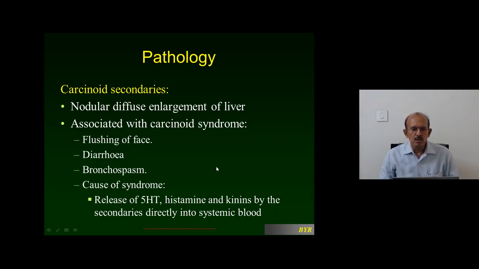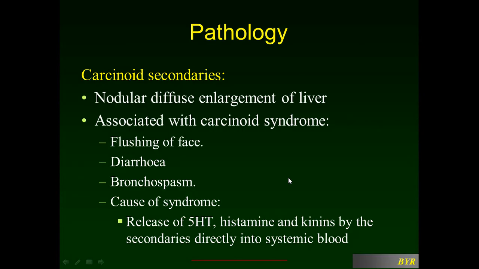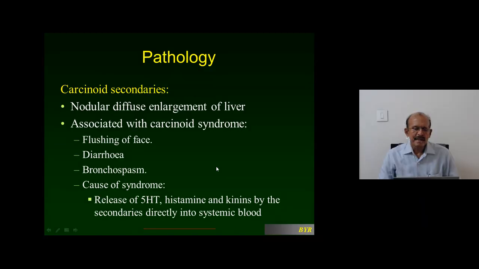Because they are produced from the ileal or appendicular region, all these hormones or chemicals are transported to the liver normally. With the tumor in the ileum or appendix, the patient does not get the carcinoid syndrome.